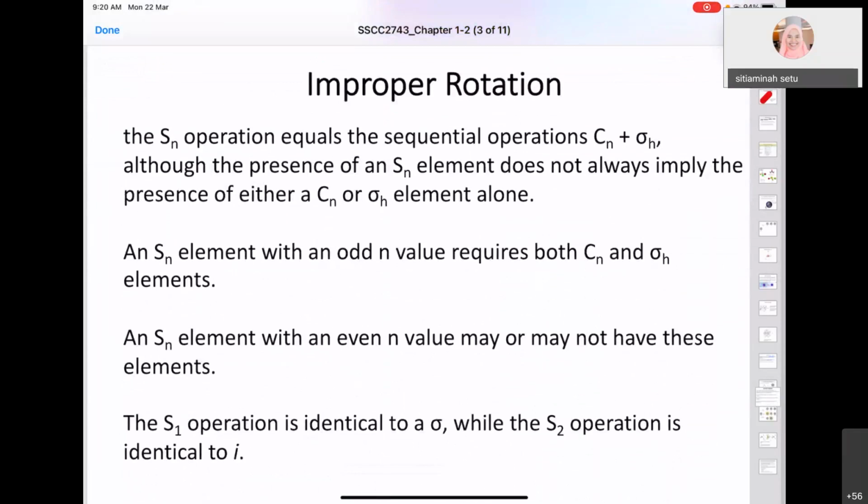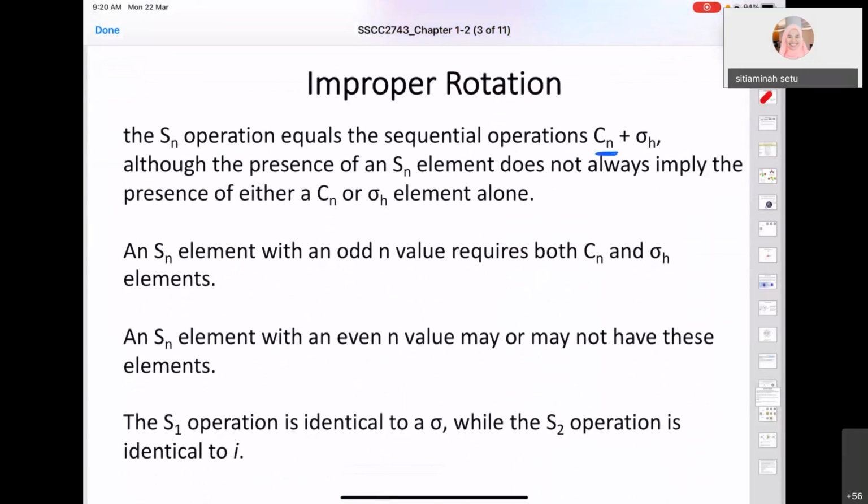So the Sn operation equals to the sequential operation of Cn plus sigma h. Kalau dalam matematik kita boleh tulis macam ni lah. Sn equals to Cn plus the sigma h, rotation plus the reflection at the horizontal plane. Although the presence of an Sn element does not always imply the presence of either a Cn or the sigma h element alone.